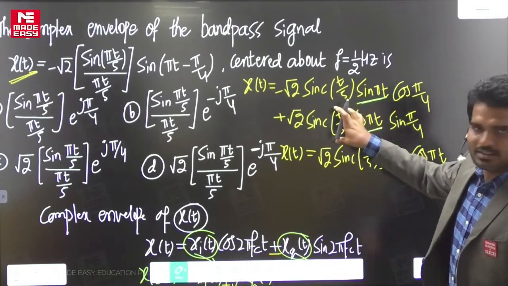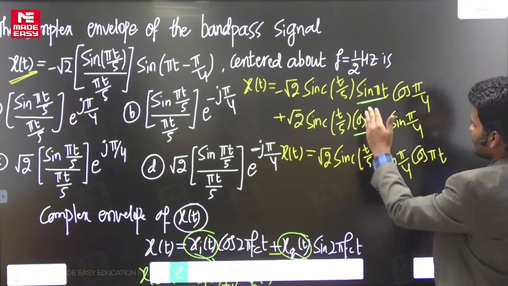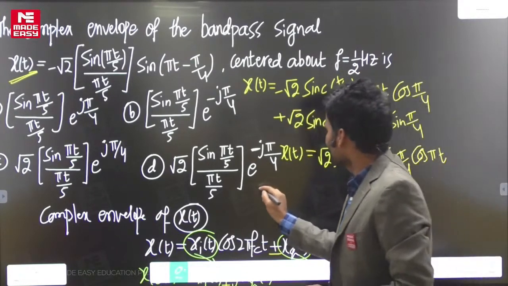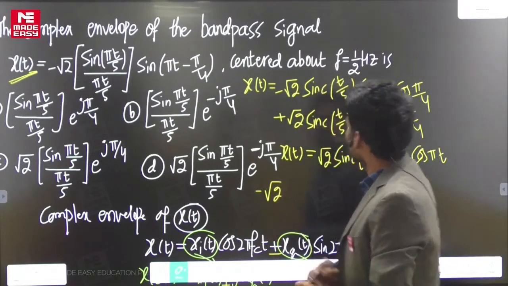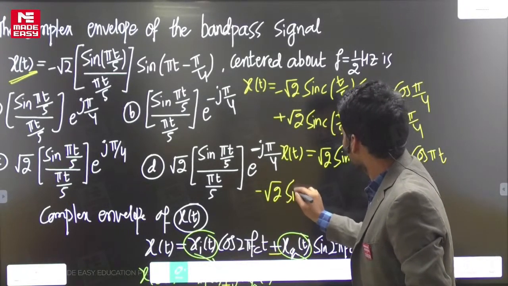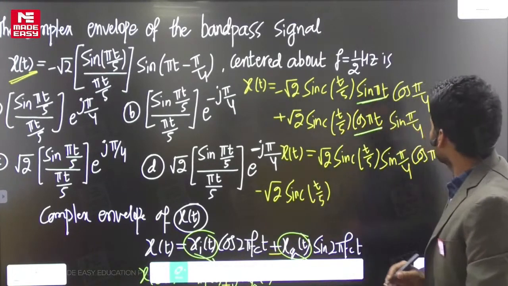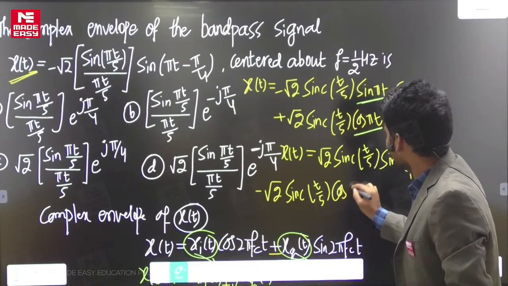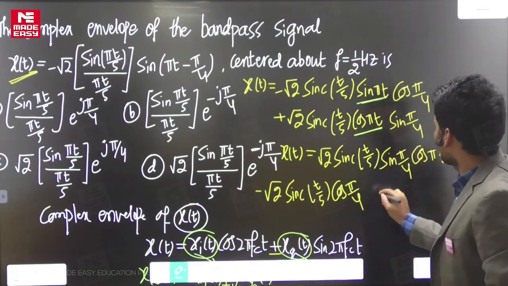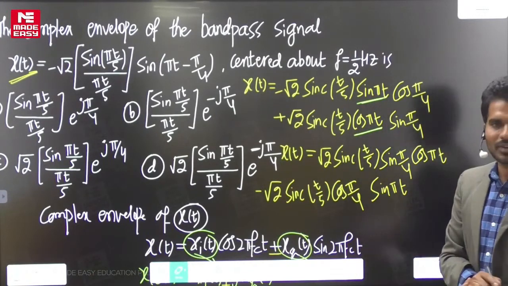Okay, first I'm writing cosine as the first term and sine as the second term. So it is minus root 2 sinc(t/π) cos(π/4) sin(πt).